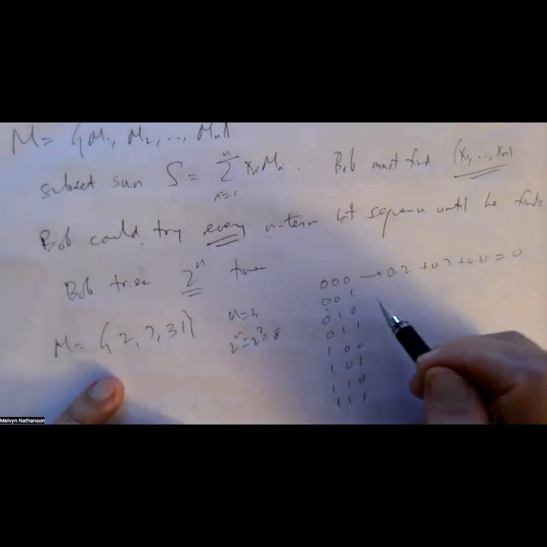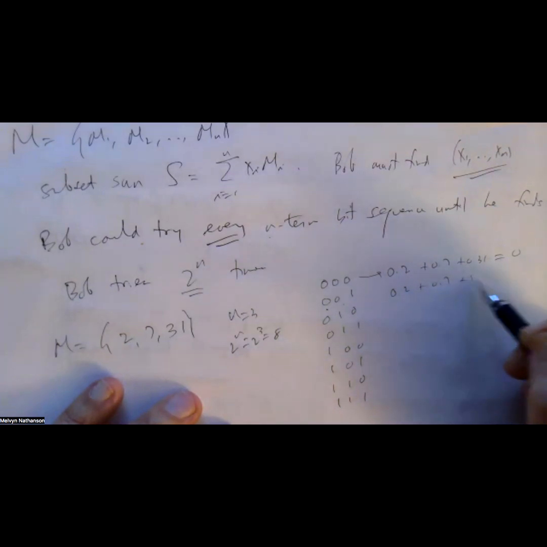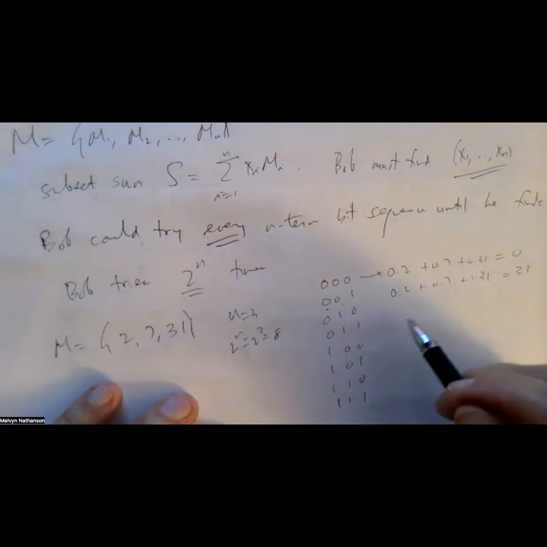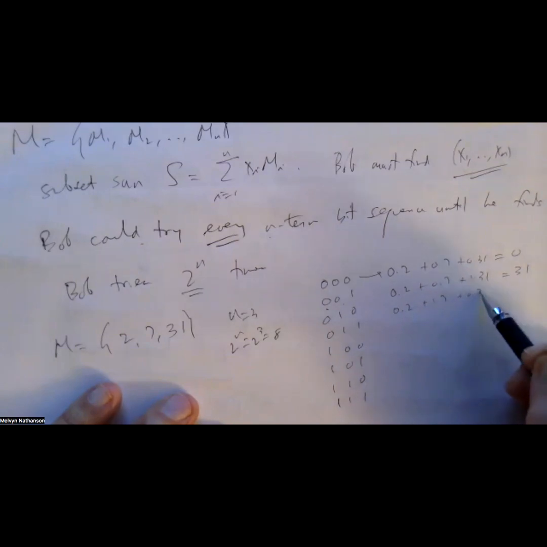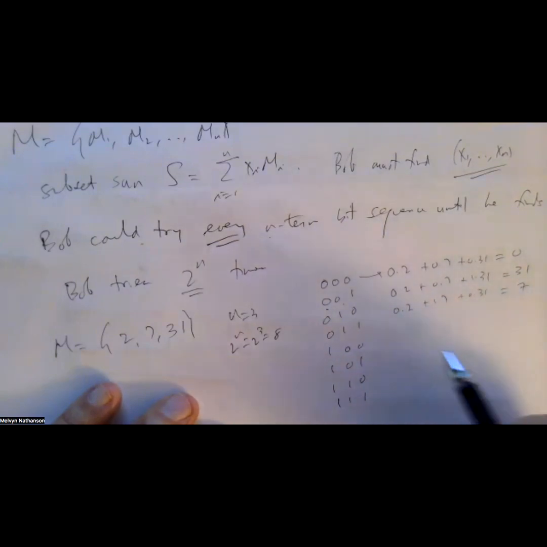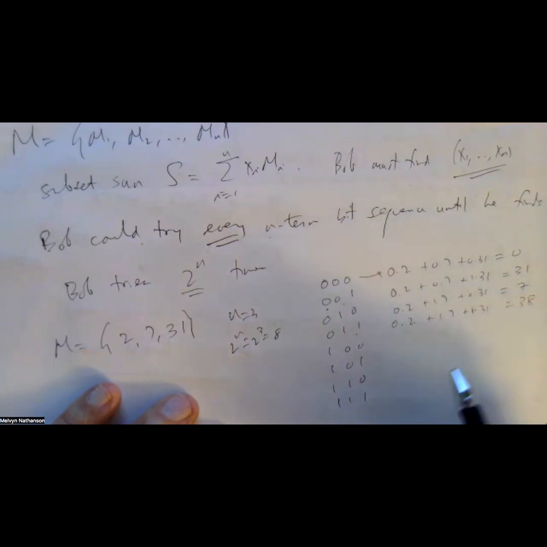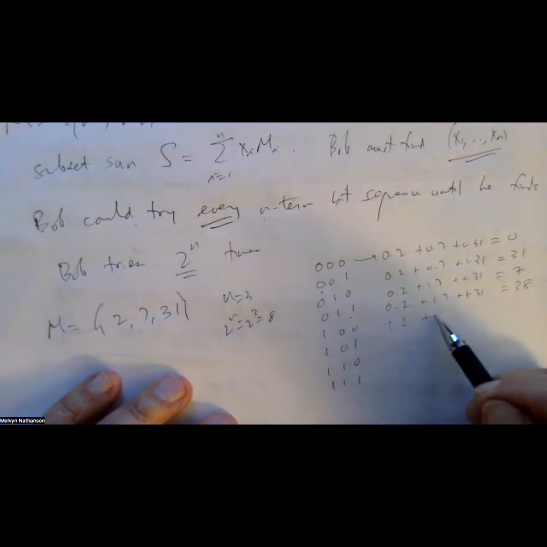This sequence corresponds to 0 times 2, 0 times 7, 1 times 31. That gives you 31. This corresponds to 0 times 2, 1 times 7, 0 times 31. That's 7. This corresponds to 0 times 2 plus 1 times 7 plus 1 times 31. That's 38. This corresponds to 1 times 2, 0 times 7, 0 times 31.